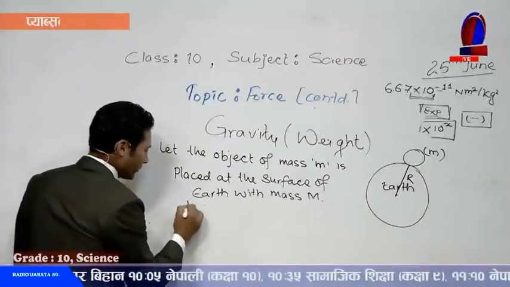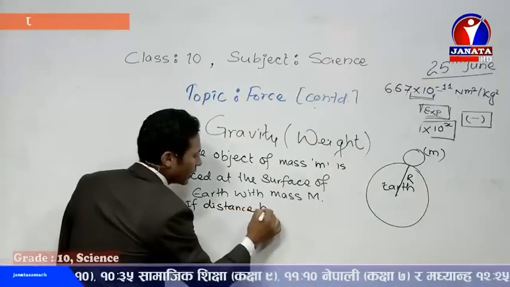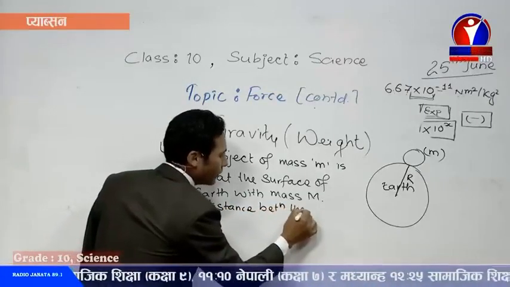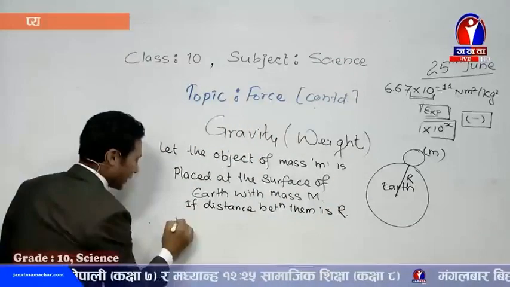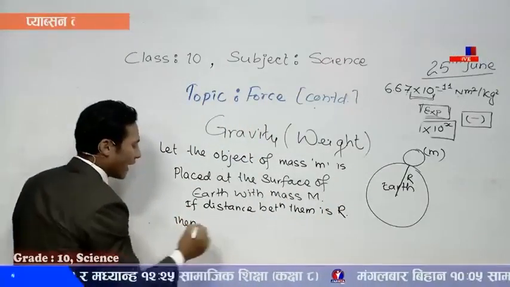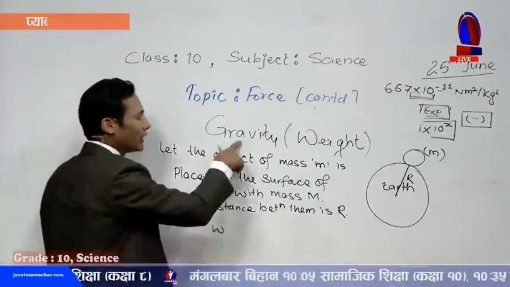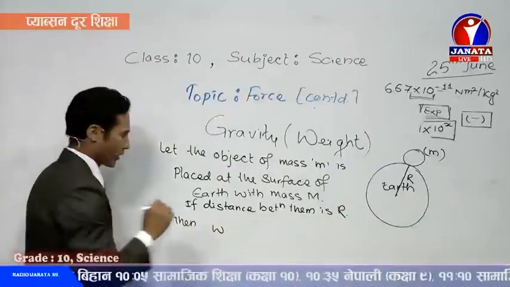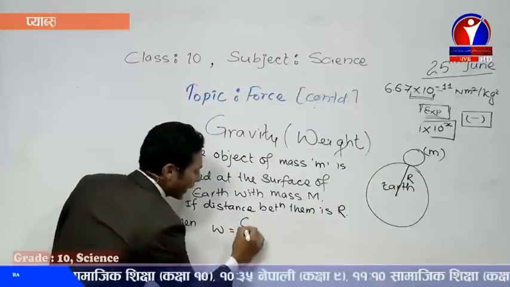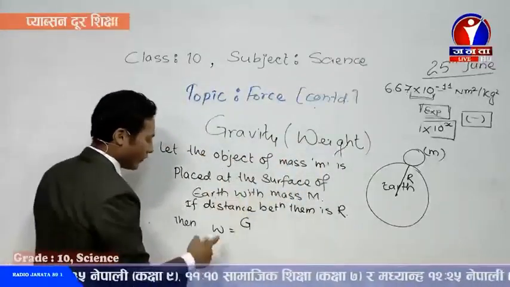So if the distance between them is R, then we can write W, where W is the gravity or the weight. It is a special kind of force, right? So weight will be capital G, according to the formula we discussed previously.